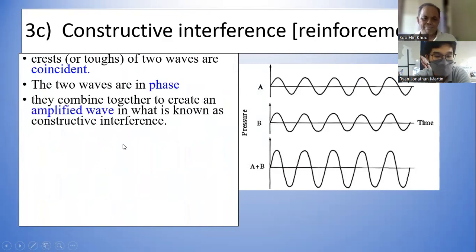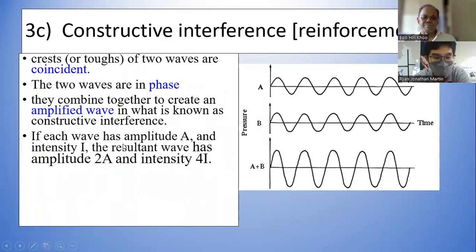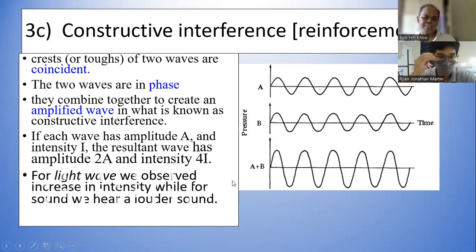The amplitudes add up. So if each of these is A, then it will be 2A, so intensity will be 4I. Or if the amplitudes are A and B, then you just add A plus B. So if light, you see greater intensity. If sound, you hear louder sound.